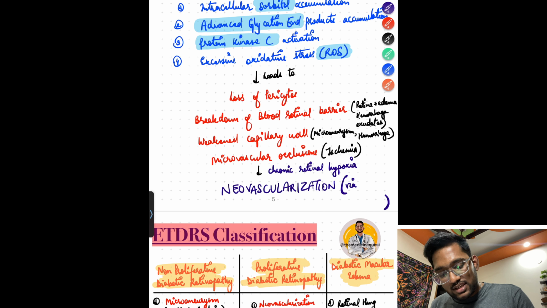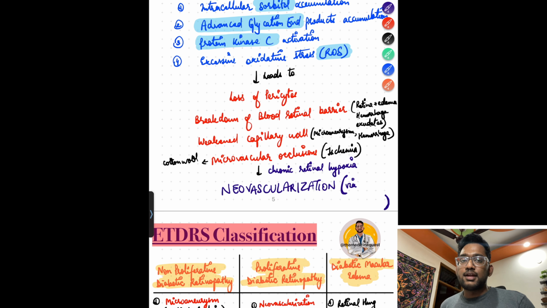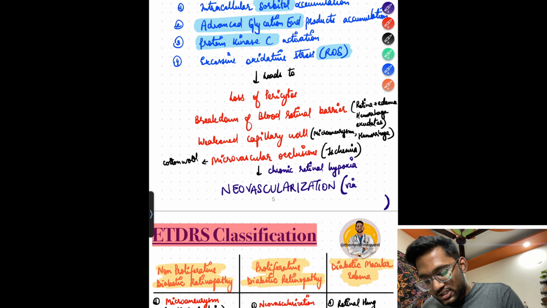Now this ischemia occurs and we can see the cotton wool spots because of this, as I just mentioned previously, that the neuronal debris will cause ischemia and then it will lead to the fluffy white cotton wool spots.